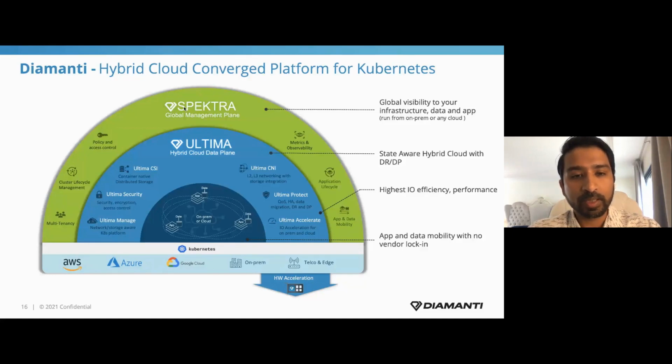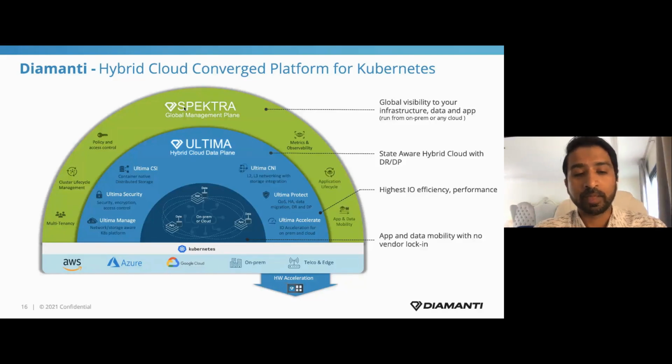So with the Ultima software or embedded version running either on public cloud or on hardware, we're able to expand the capability of our hardware platform to the software, to the public cloud or any hardware, and provide all those basic requirements for a Kubernetes platform. So for example, CSI, CNI, and CNI is layer 2 and layer 3, both together with the integration of the storage CNI.